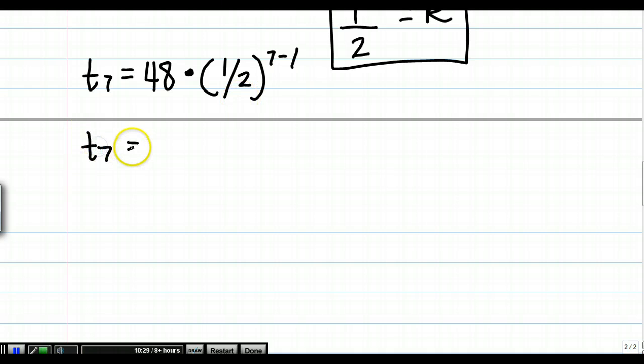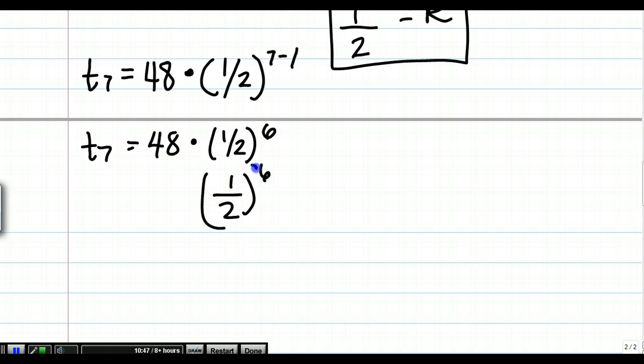We have the seventh term equals 48 times 1 half to the 6th. So we have to do order of operations. So we have 1 half squared over 2, 1 half over 2 to the 6th power. So remember, you distribute the 6 to both. So 1 to the 6th is 1. 2 to the 6th is 64.